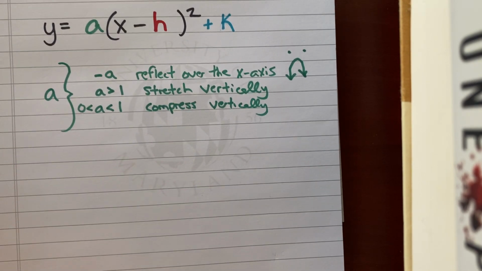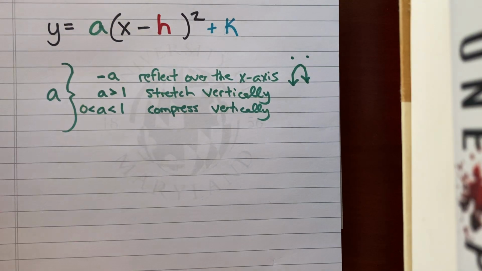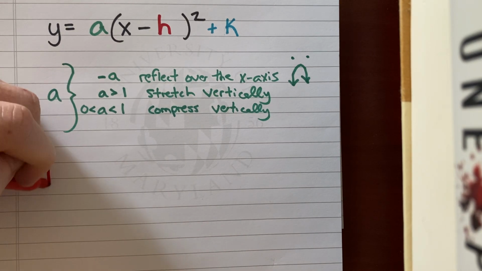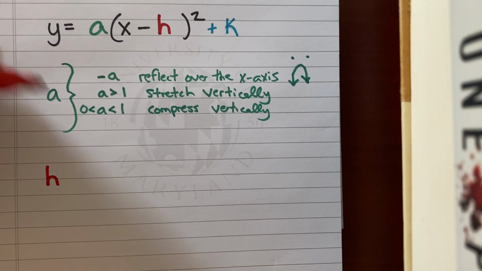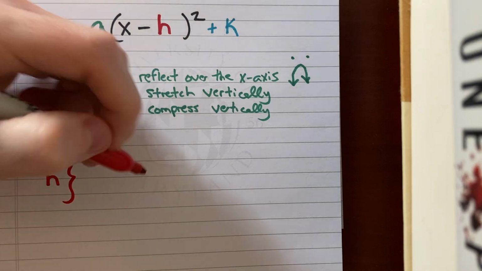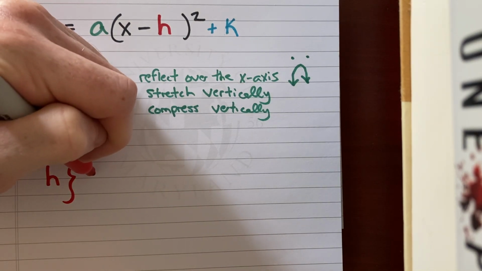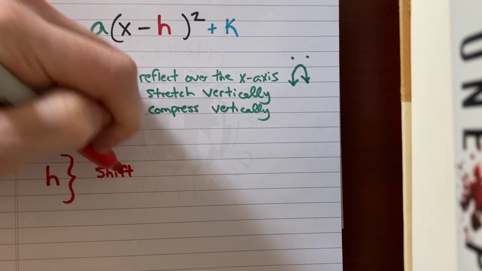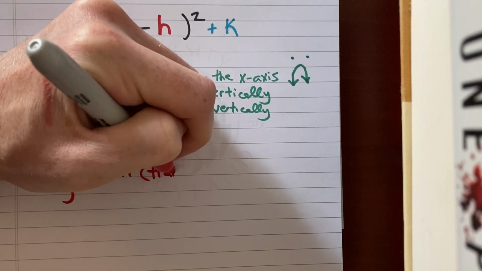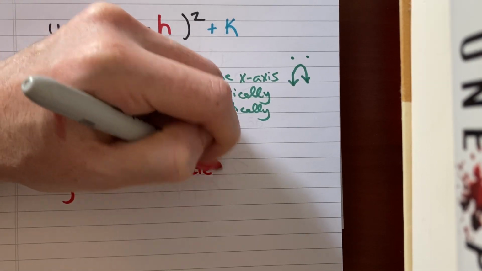All right, let's move on to h. H gives people a lot of problems because of this negative sign that's already right there for us. So h does one of two things. It's going to either shift, and some people like to use the word translate, which just means move.